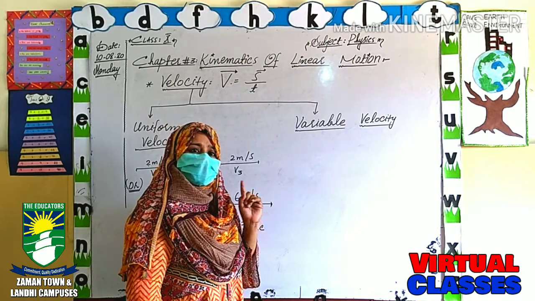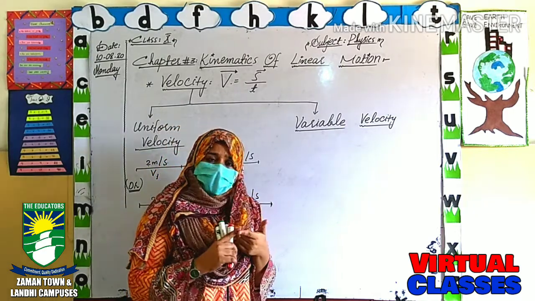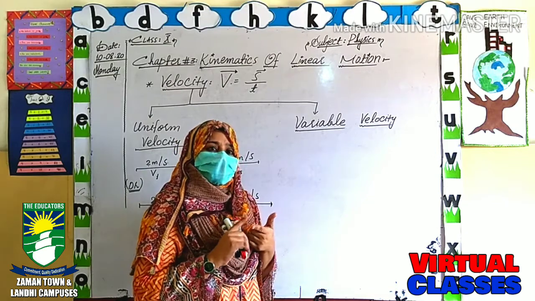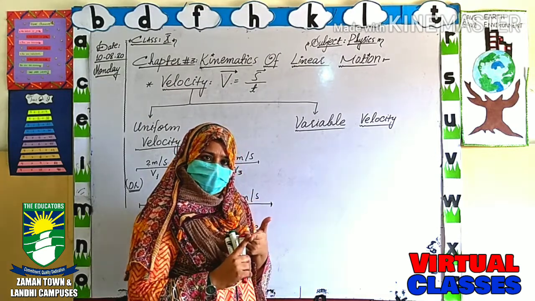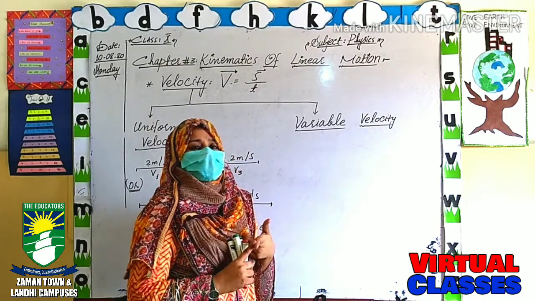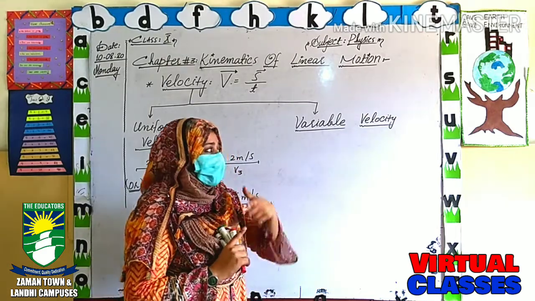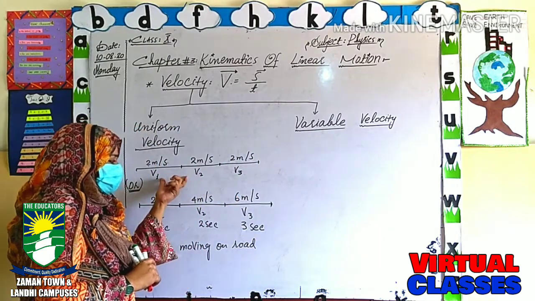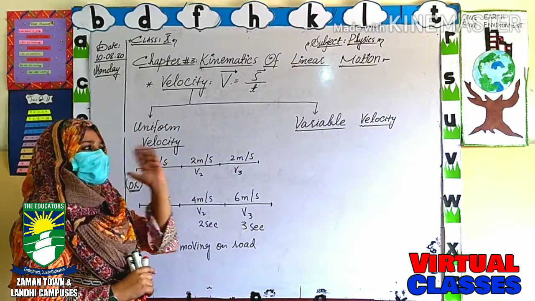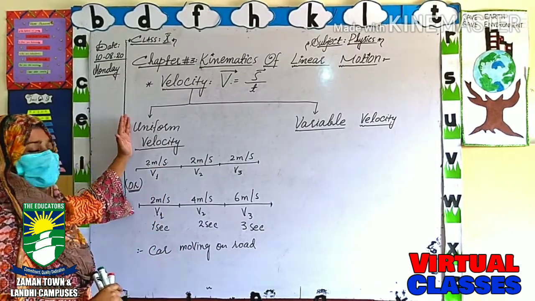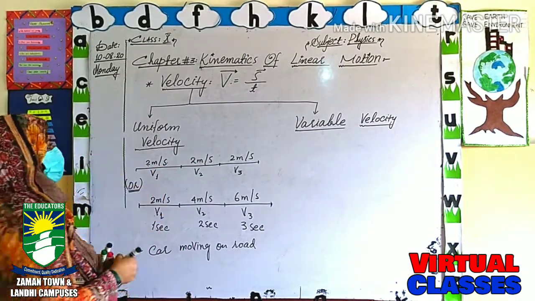What you have to clear in your mind is that for uniform velocity, the magnitude and the direction should remain the same. When both remain the same, such velocity is known as uniform velocity.